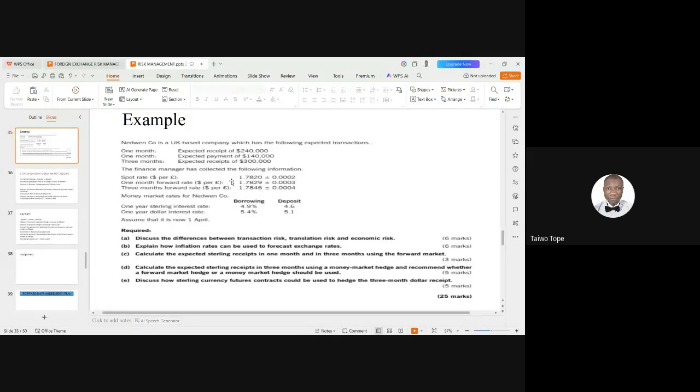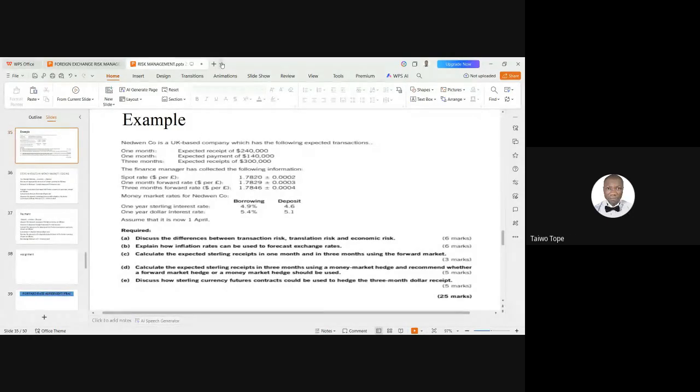This is a very straightforward one. What will be the receipt in sterling in 1 month's time? So our net receipt is what in 1 month?